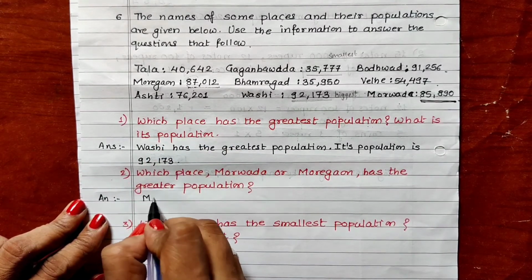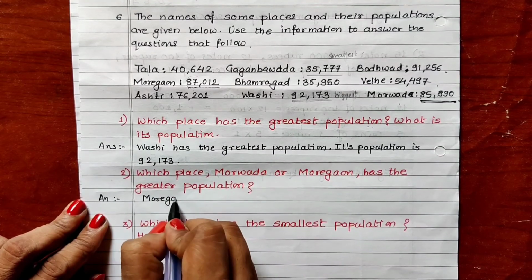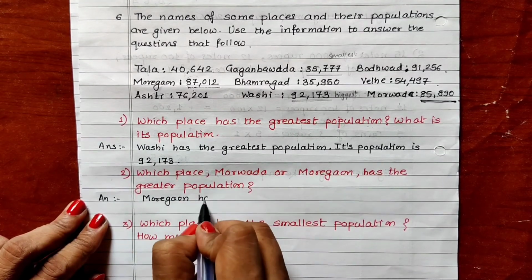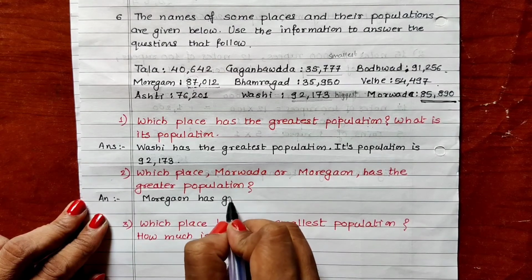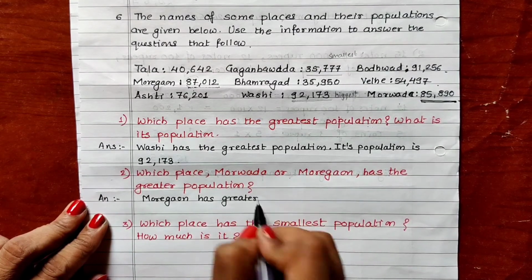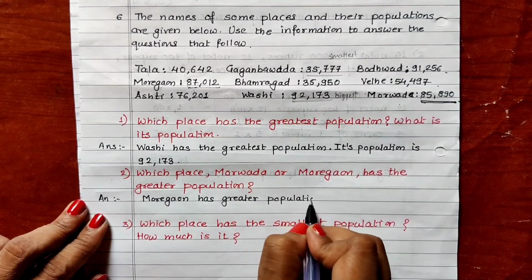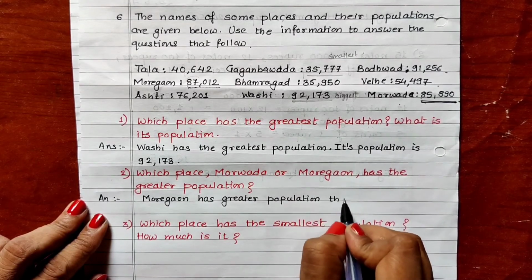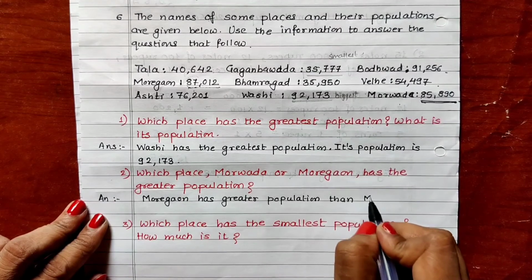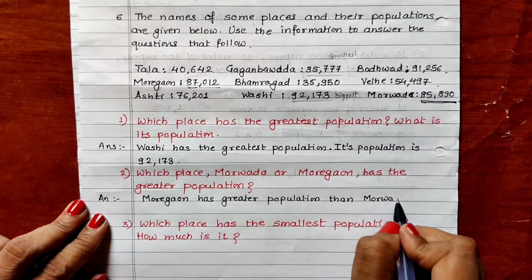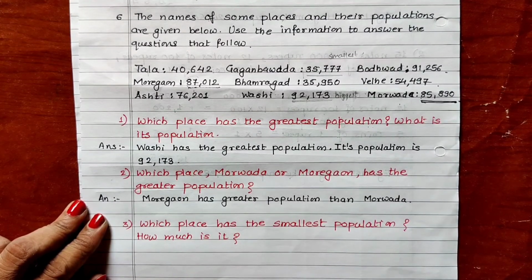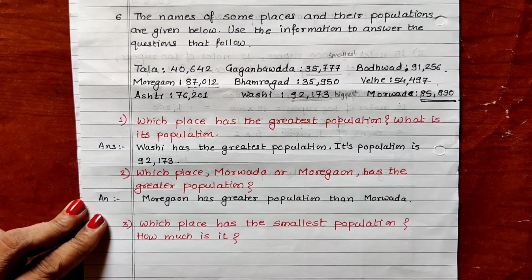Moregaon has greater population than Morwada. In this way, we have to write the answer in a full sentence.